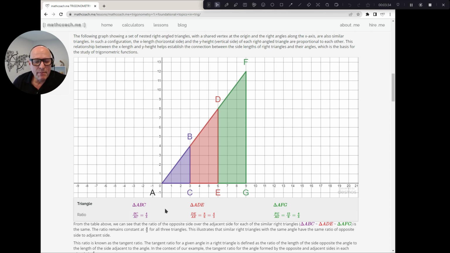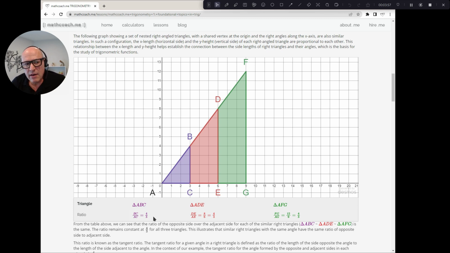Now, if we compare the ratios of the height of each of our triangles to the base of each of our triangles, what we get for the purple triangle is a height of 4 divided by a base of 3, and we get this ratio, 4/3.